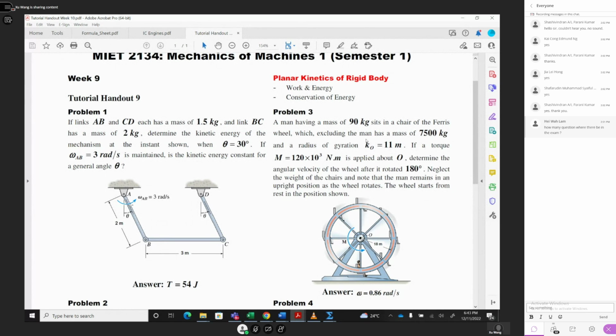You go to this position, and you see the position changing. The potential energy mgh will change, right? If the potential energy changes, of course it will convert into kinetic energy. So the kinetic energy will not be constant for a general angle, because there is conversion between the kinetic energy and the gravitational potential energy. Okay, that's the simple answer.